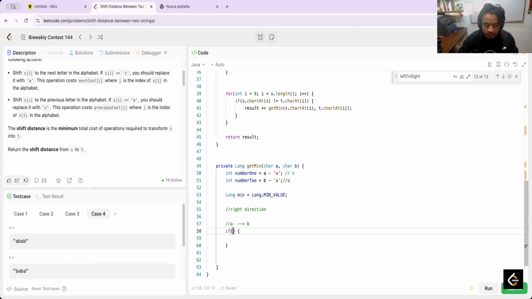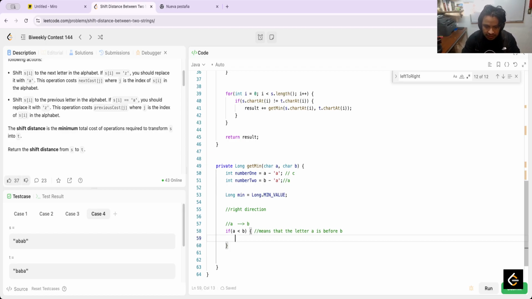And for example, if A it's minor than B, no. Yeah, if A it's minor than B, means that the letter A is before B. In this moment we are sure that we can start in the index 0.